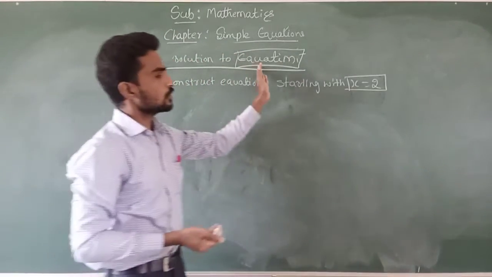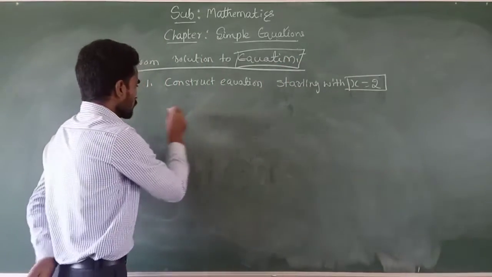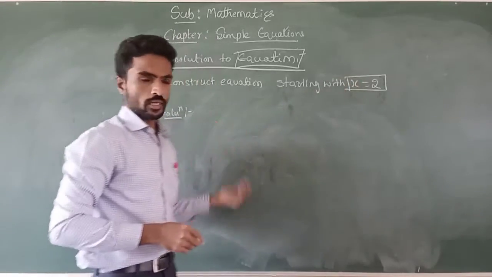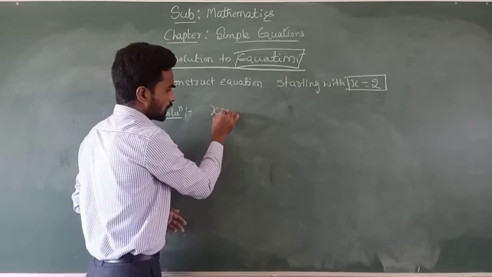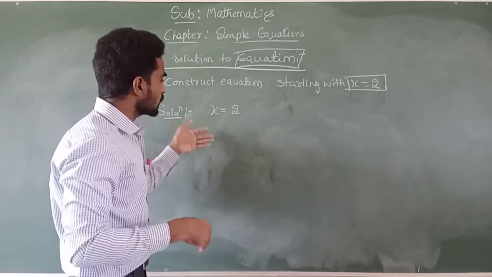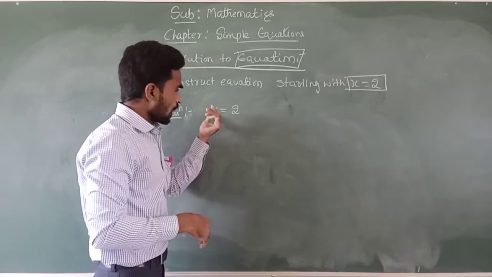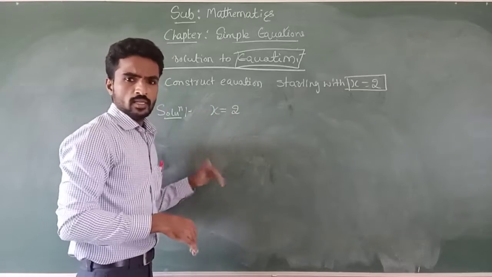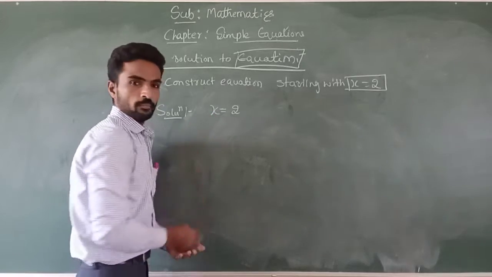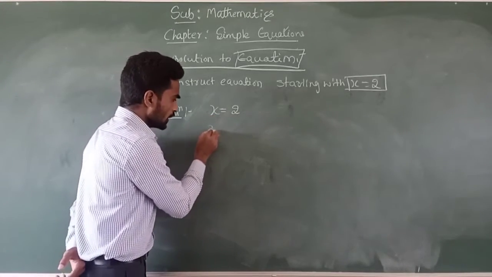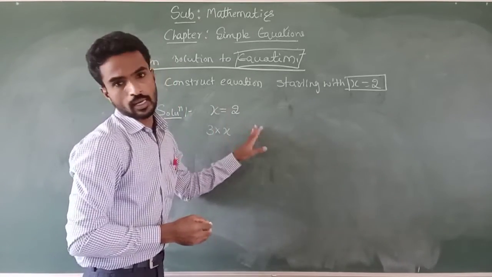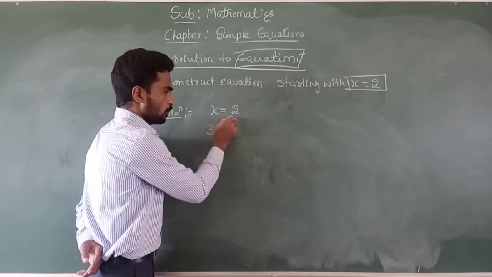How can we construct the equation? Very simple. Just consider the solution that is given. They are given that x is equal to 2. Now you can multiply this variable x and 2 by the same number. You can take any number. I will take 3. Then 3 into x, we can multiply the same number on both sides.